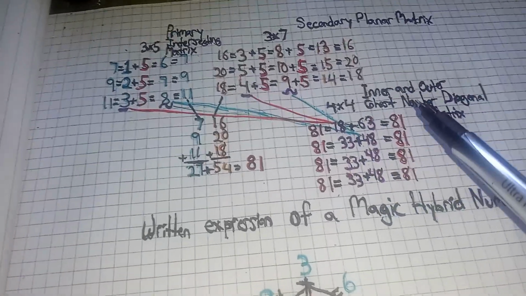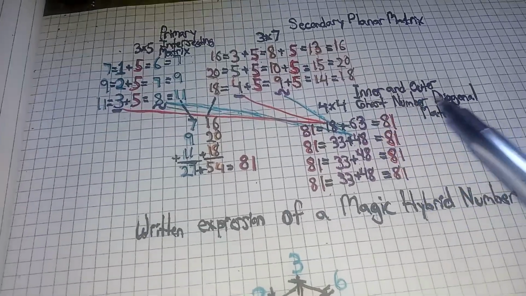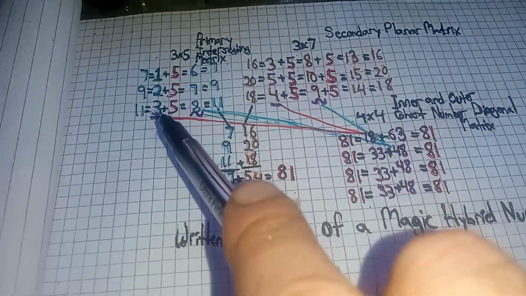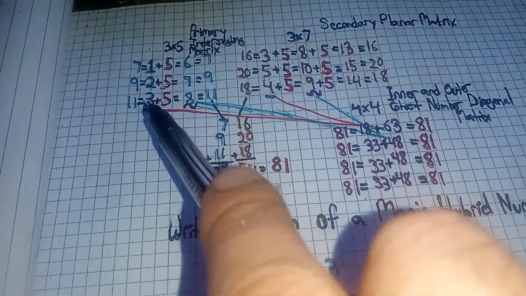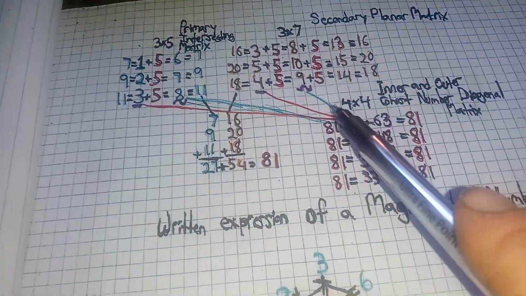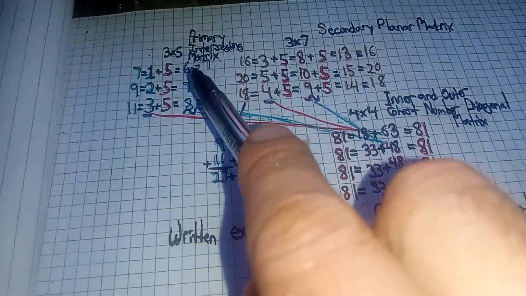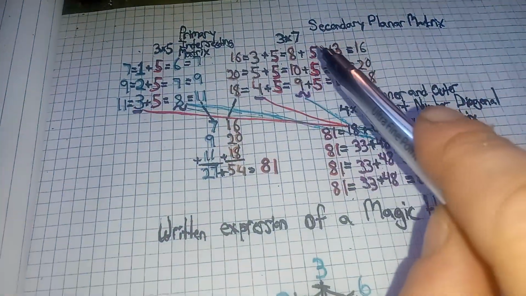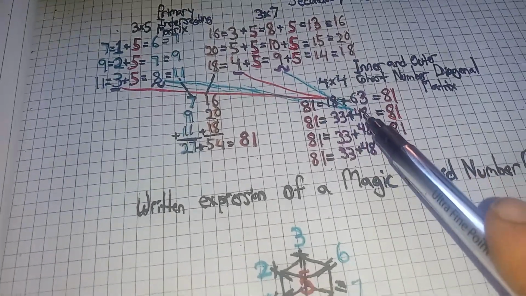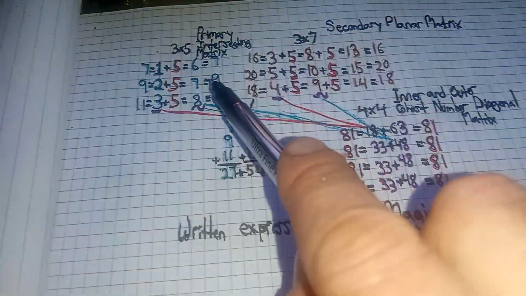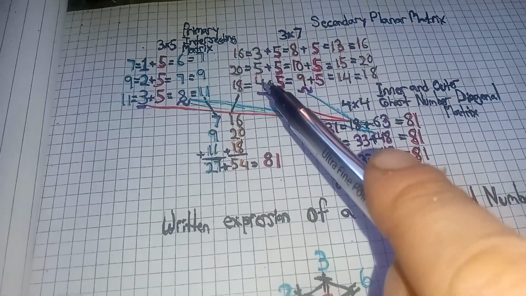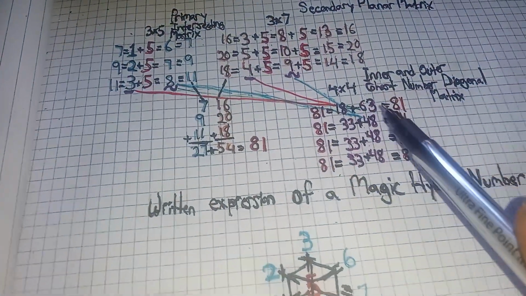And to derive this final inner and outer diagonal matrix, the ghost number matrix, you add these primary numbers to these secondary numbers to get the 48. Then you add these primary numbers and secondary numbers to get 18.